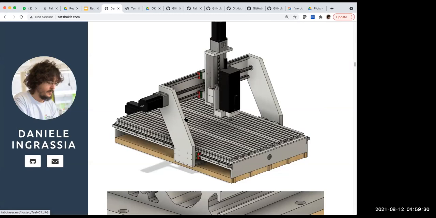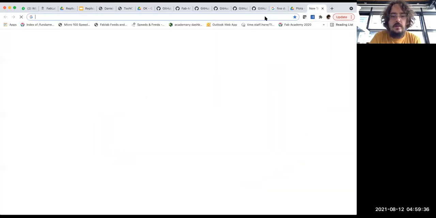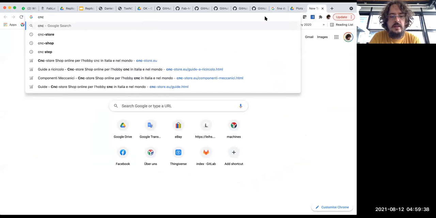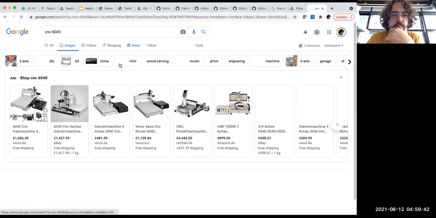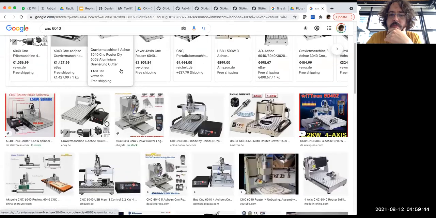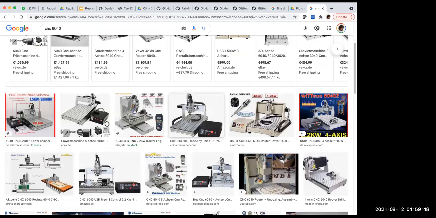Yeah, some machines are available, of Chinese models. So we can say that it is a good one. You mean this one, like the Chinese one? Yes, yes.